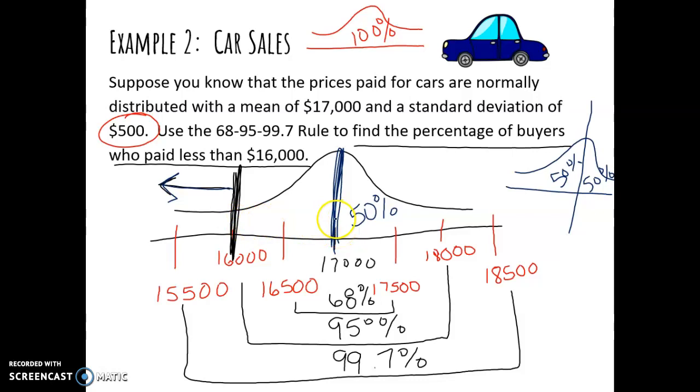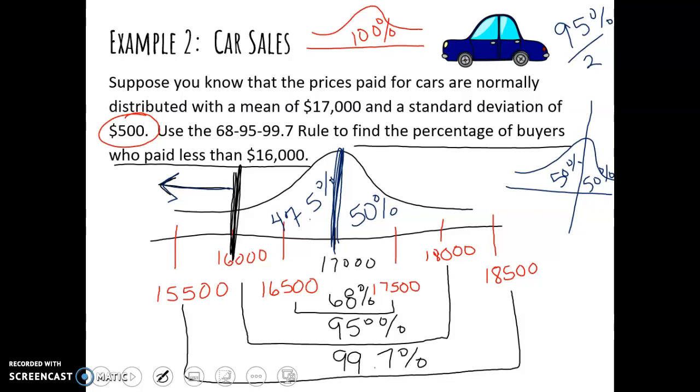Well, because the mean is the center and it splits it in half, this is half of the entire 95%. So if I divide 95% by 2, I get 47.5%. So 47.5% of the data falls between 16,000 and 17,000.